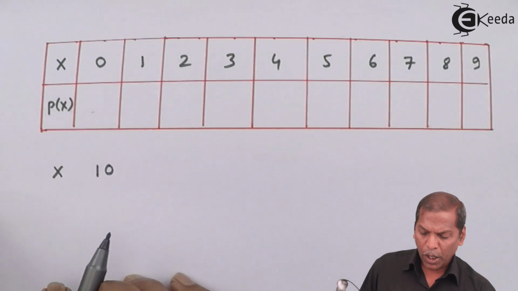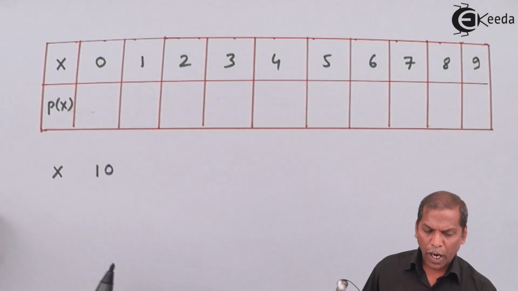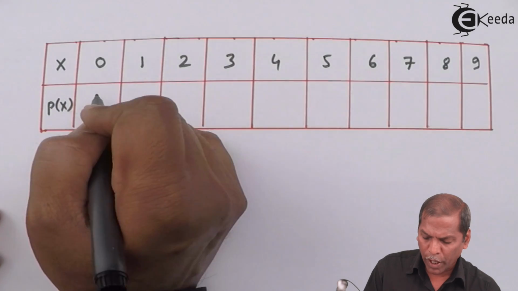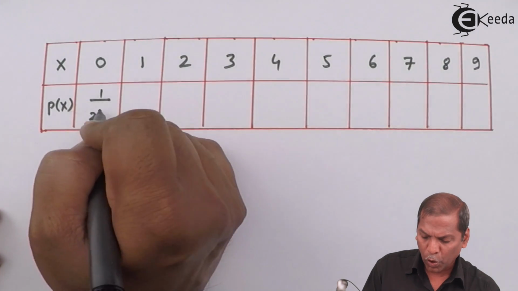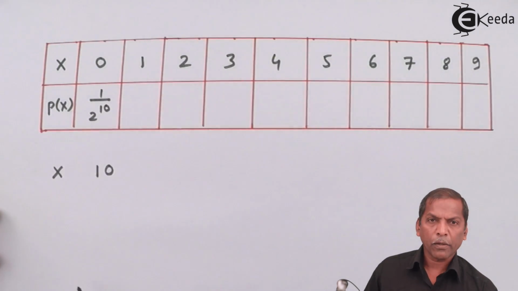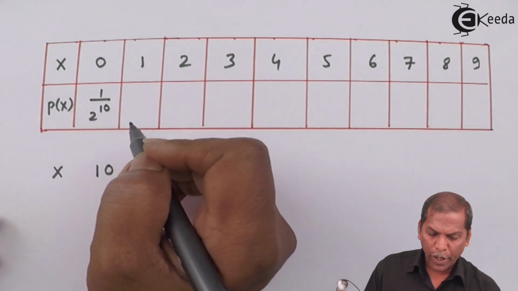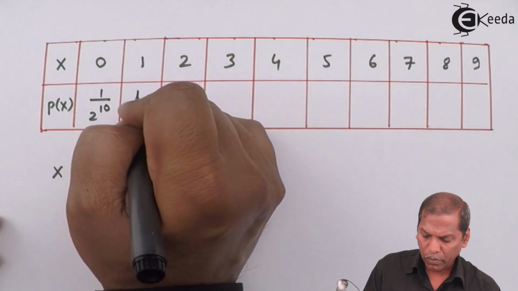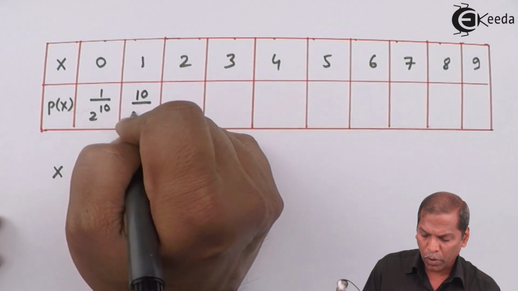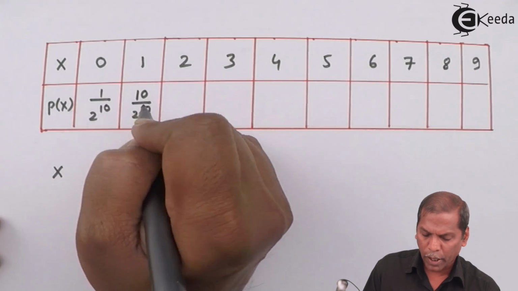Now when x is equal to 0, we have probability 1 upon 2 raised 10. For x equal to 1, we have probability 10 upon 2 raised 10.